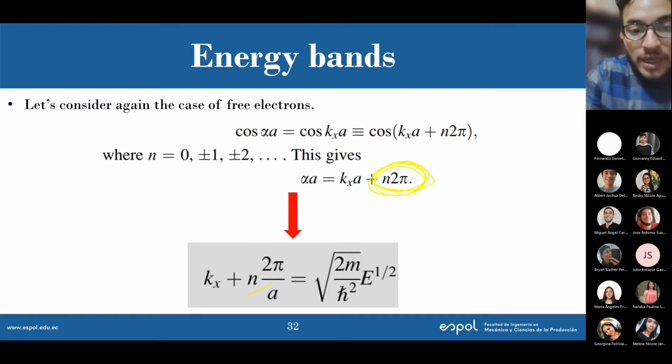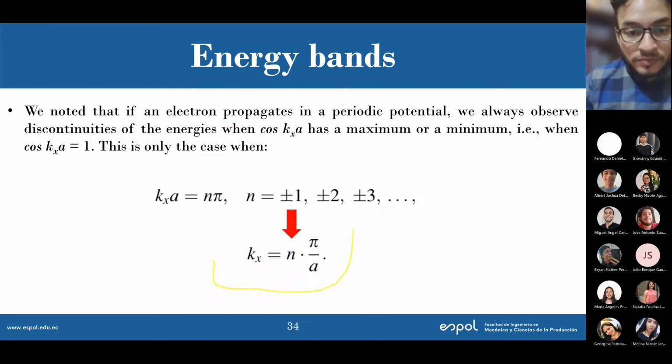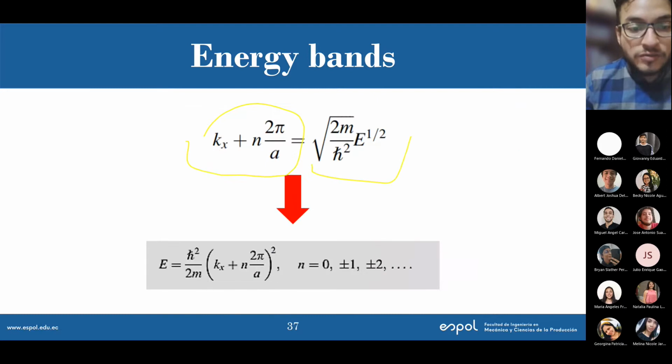It was supposed to be only cos of kxa, right? But we remember that cos is periodic every n 2 pi, so every 2 pi. And that's why we added that concept, and that's how we came up with this equation. So it's nothing new. This is alpha, remember, this comes from alpha. So nothing new, okay? You can review that on your own time.